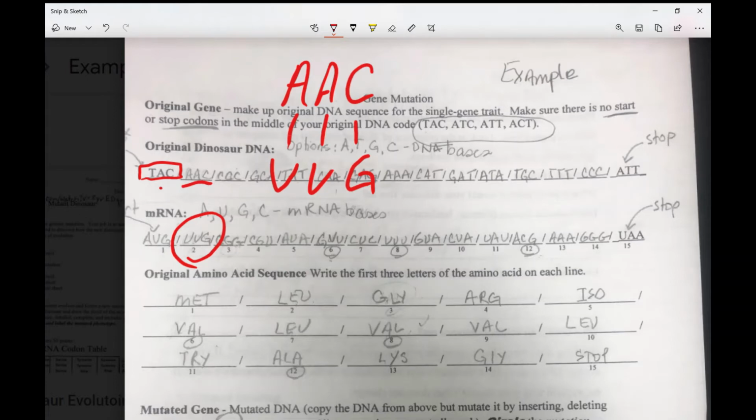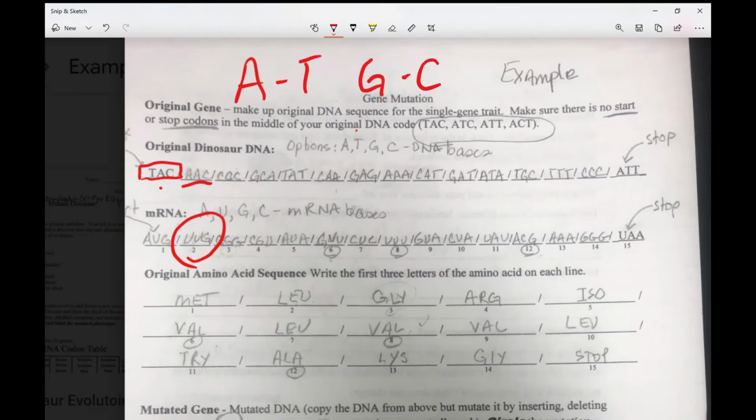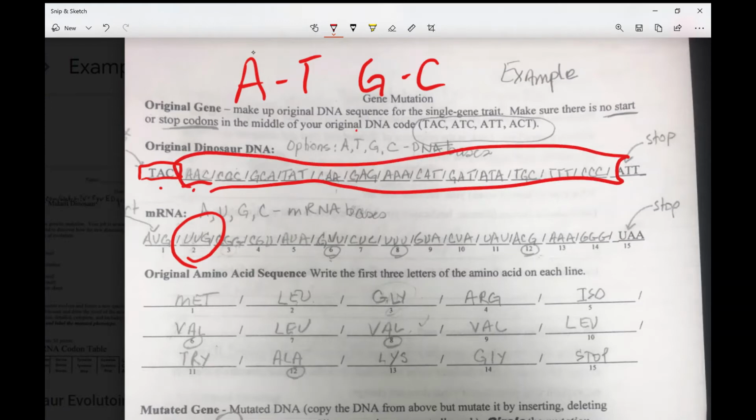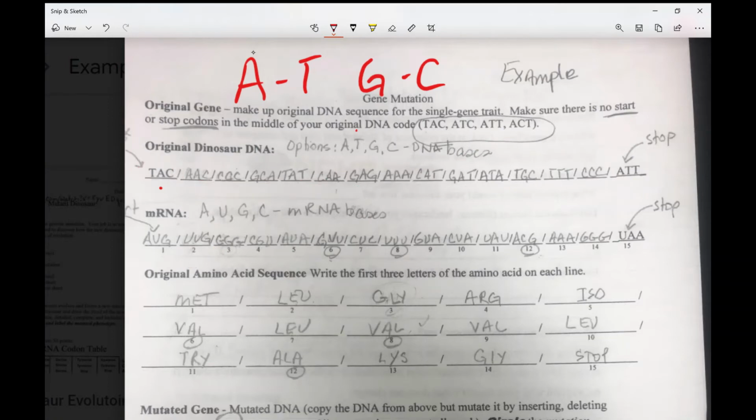So be sure you're using the proper sequence for both. Again, let's just make sure the letters you can have for DNA are A, T, G, C. It doesn't matter in what order you put it here, but when you come down here to make it mRNA, you have to use A, U, G, C. Okay?